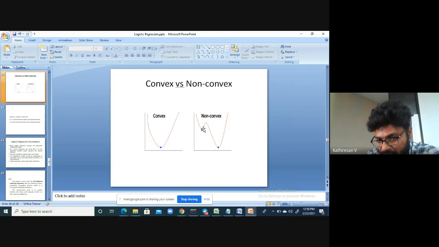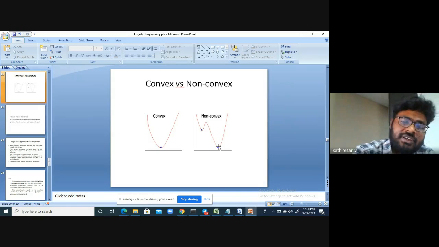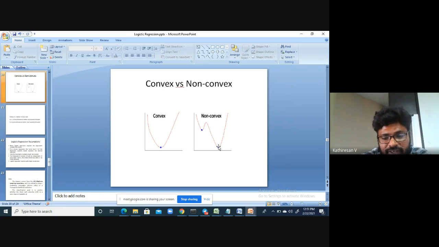So you have to go here and come and reach this position. Then only you can identify the global minima. So in non-convex, the gradient descent algorithm will not work. So that's why the cost function is different.